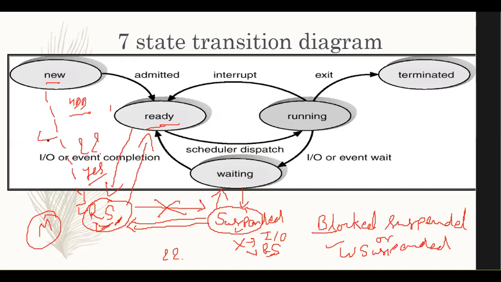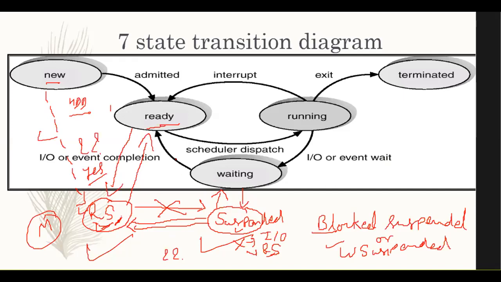So that is the overall 7-state transition diagram. We have the 5-state transition diagram, where a newly created process moves into the ready state, from ready state to the CPU for running, then either gets terminated or moves into waiting. Then after these 5 states, because of lack of memory, we have incorporated 2 more states, ready suspended and block suspended, with respect to the hard disk.